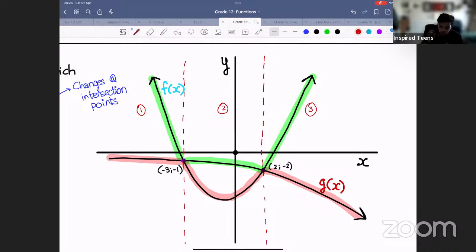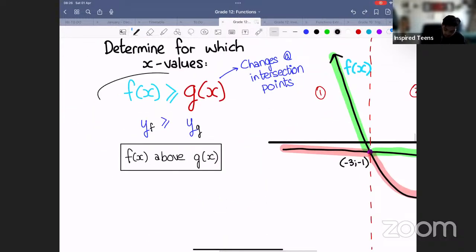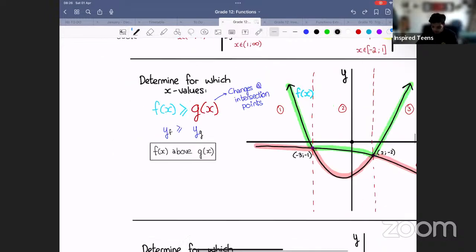Remember, when we're talking about which one is above, yes, visually it's above, but we can see that its y values are also way bigger. Like this could be positive 5, but this red function g of x doesn't even go greater than 0. So clearly f of x is above. The question wanted us to find values for which f of x is above g of x.